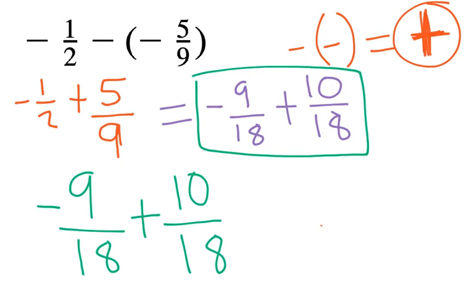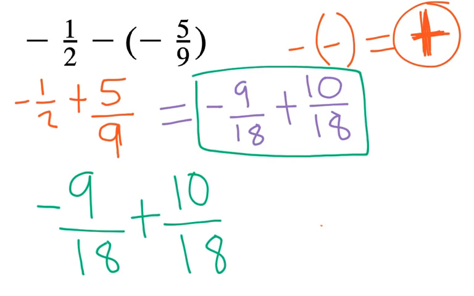Do the positives or do the negatives win? In order to figure that out, you can just look at negative 9/18 plus 10/18. Well, 10/18 is more positives than negative 9/18, so I know that the positives win. But if you want to see how that really works, you can think of it like this.